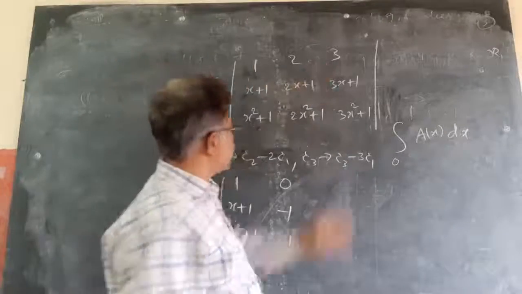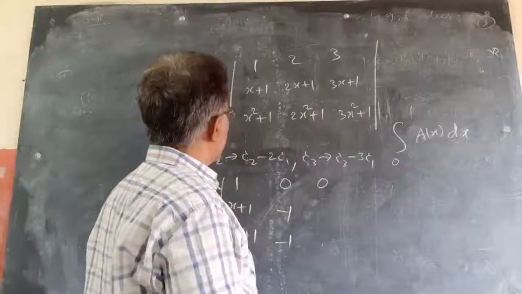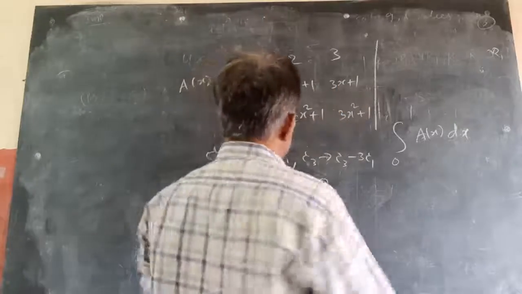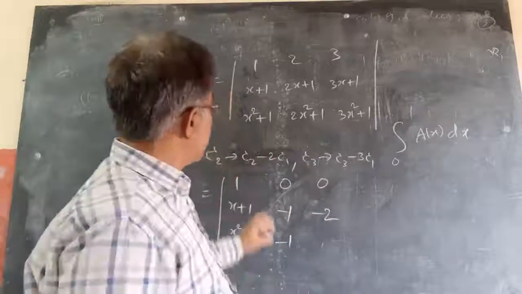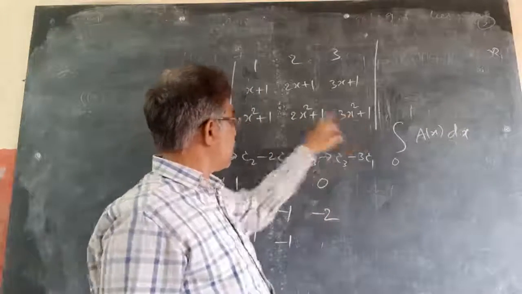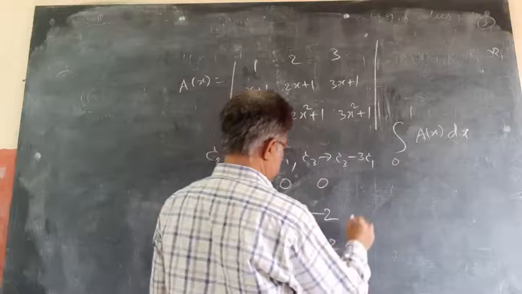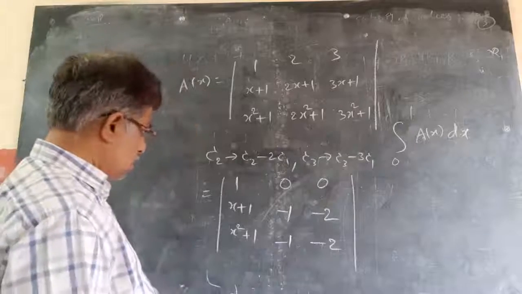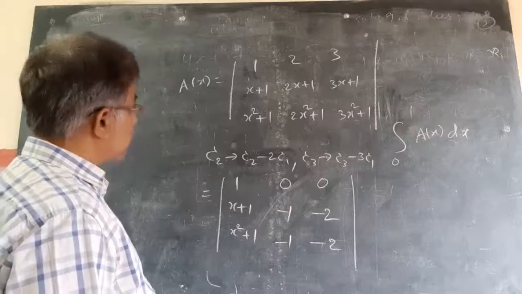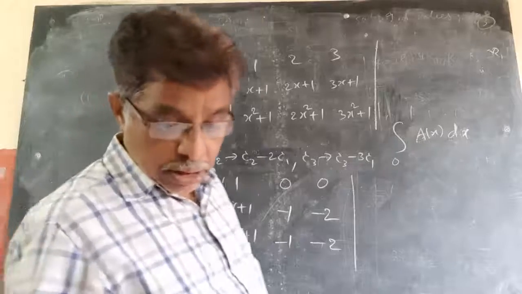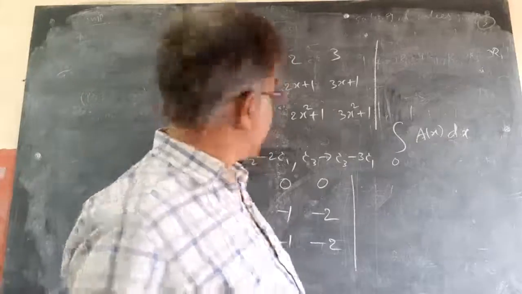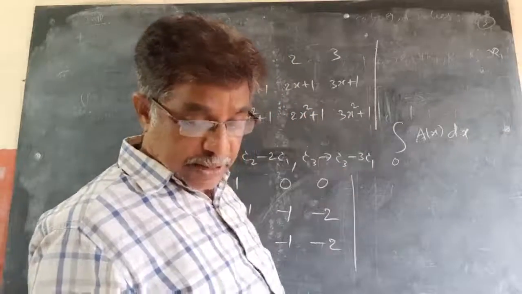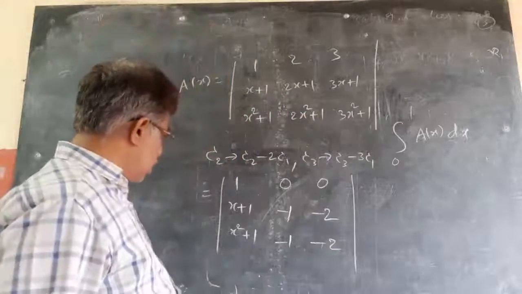So this is 3 minus 3, 0. Next 3x, this is plus 1 minus 3 means minus 2. Again this is plus 1 minus 3, minus 2. To take care about the calculation part, I think 1, x plus 1, x square plus 1, 2, 2x plus 1, 2x square plus 1, 3, 3x plus 1, 3x square plus 1.